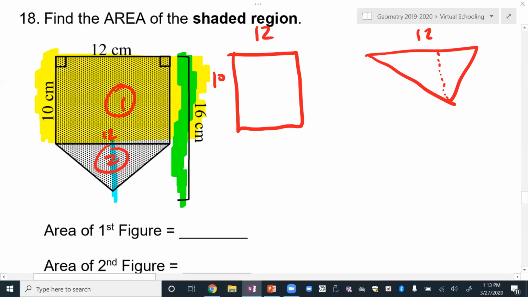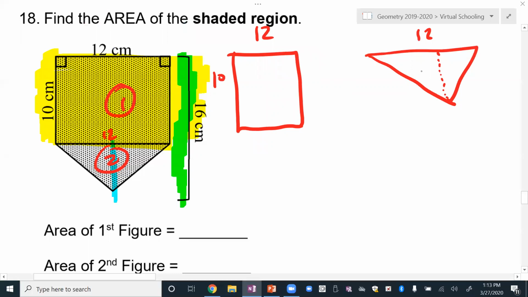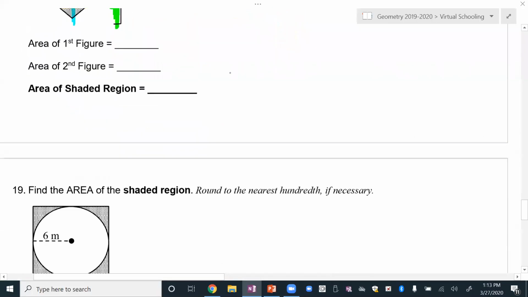So it eliminates that green line on the right side. So that means the height of this triangle is going to be just a regular 6. And then now you have your base, and now you got your height to find out the area of it. Okay? So just giving you a heads up.